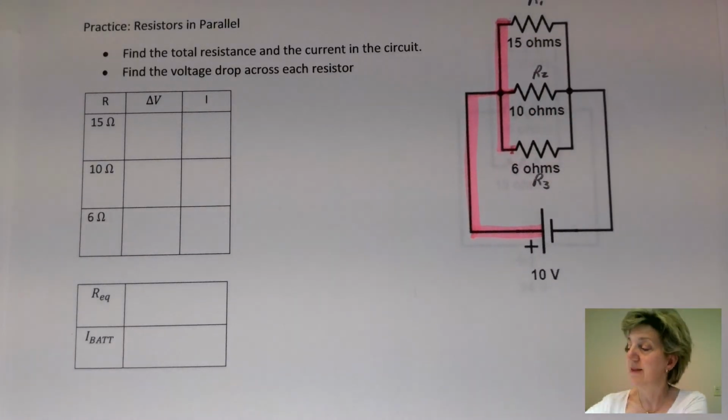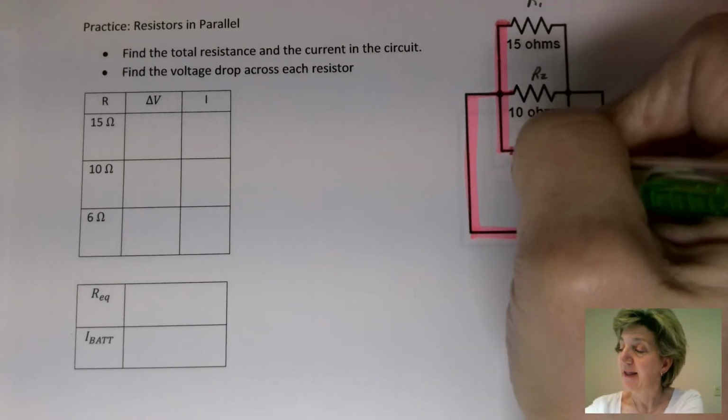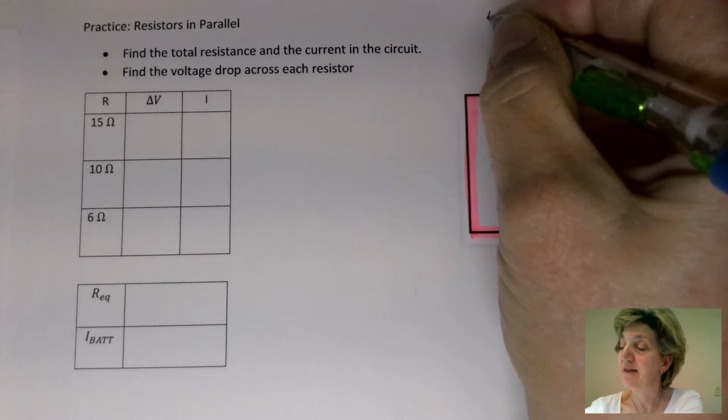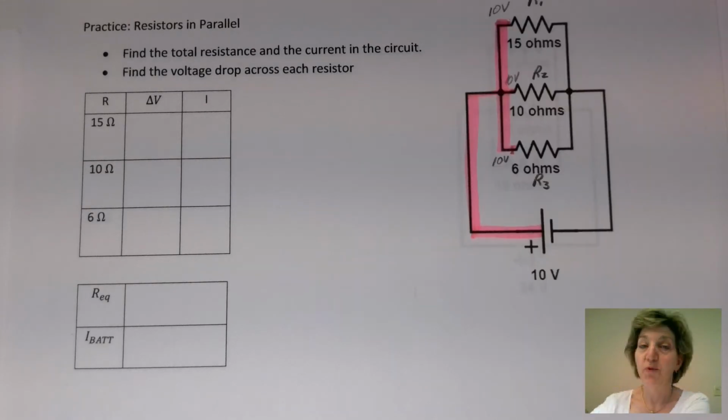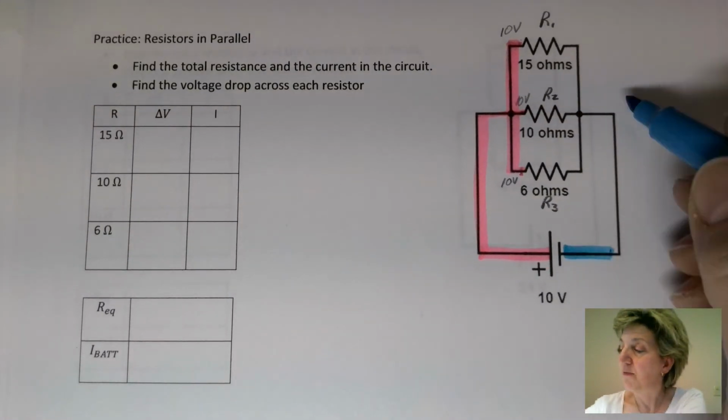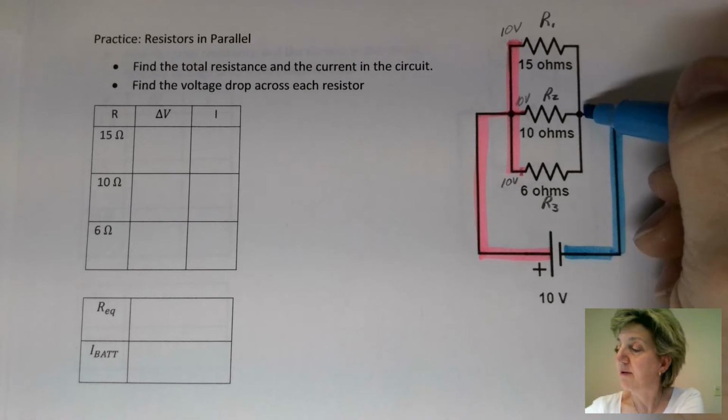We should write that in, that this pink is at 10 volts, this is at 10 volts, and this is at 10 volts. We now continue coloring in, and we will put blue for our low potential end.